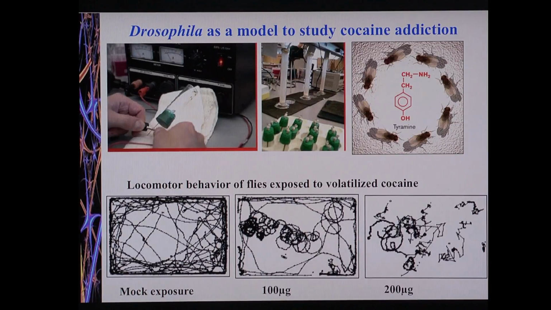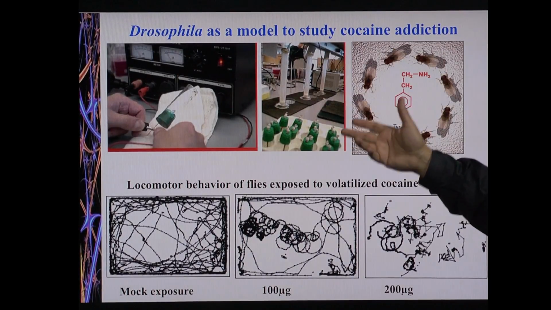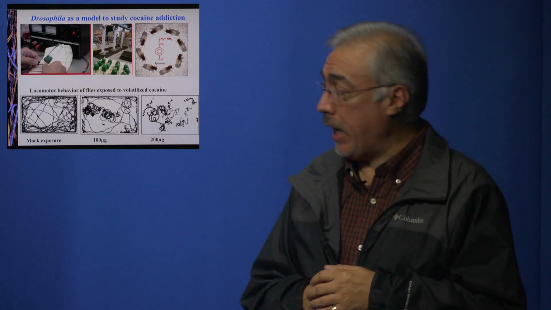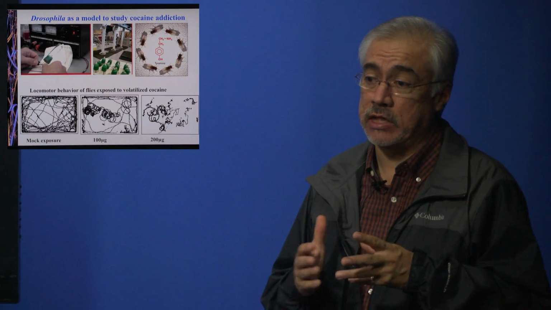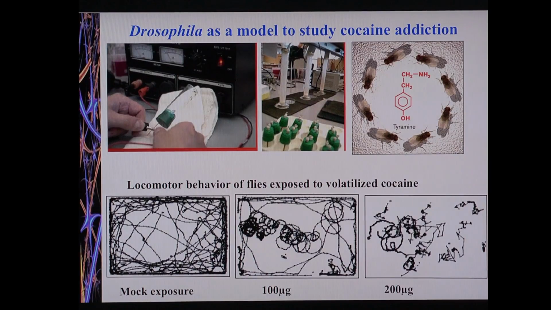So a different example of the use of the flies is, you can expose the flies to different types of drugs. It can be alcohol, it can be, in this case, cocaine. So there are laboratories that have special settings to work with cocaine, and they get the vapor and they expose the flies to cocaine, and then they investigate what is the effect of giving different amounts of the drug, and they use video cameras in special chambers to monitor what happened.